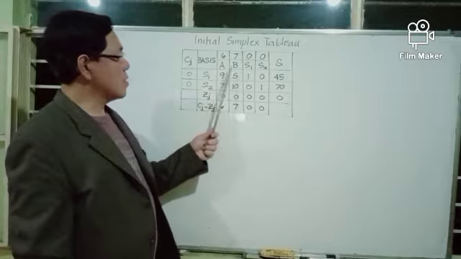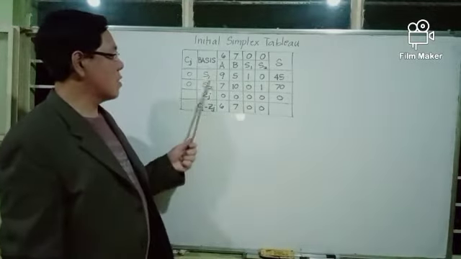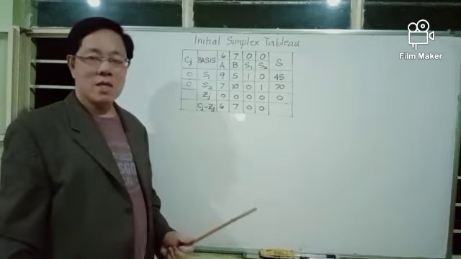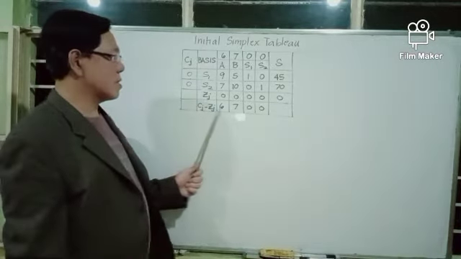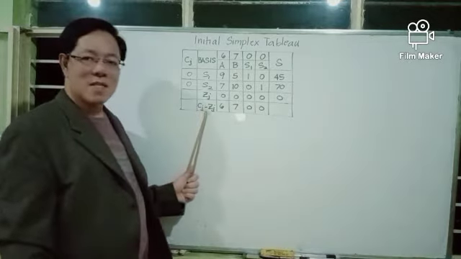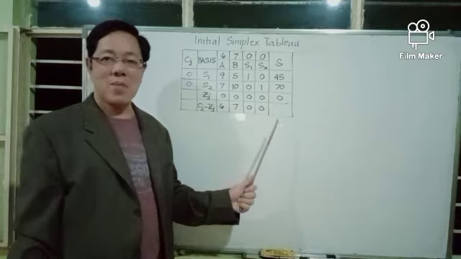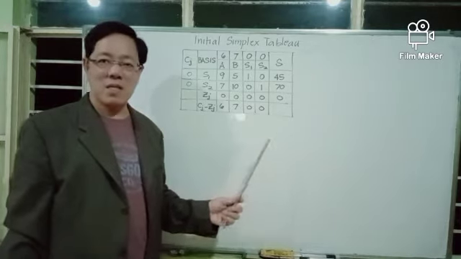To determine which of these two variables will enter, you look at the entries in the last row, c sub j minus z sub j, and select the highest positive entry.